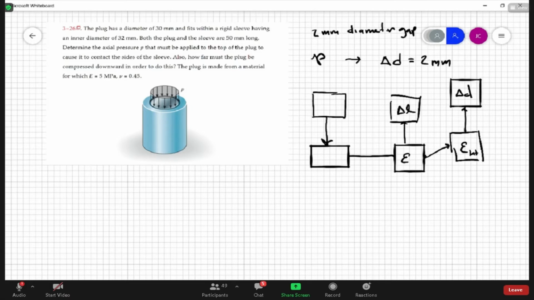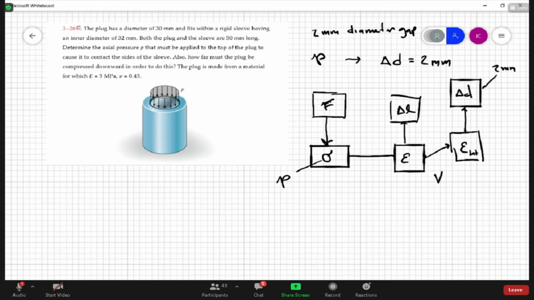But we won't really use that. There's the force P, but actually this stress is going to equal the applied pressure. So we know what this is, the 2 millimeters. And we know we're on this Poisson's ratio branch because the loading is in the axial direction, and this is a diametric change. It's a lateral change, and the loading is in the longitudinal direction. So obviously it has to involve Poisson's ratio.